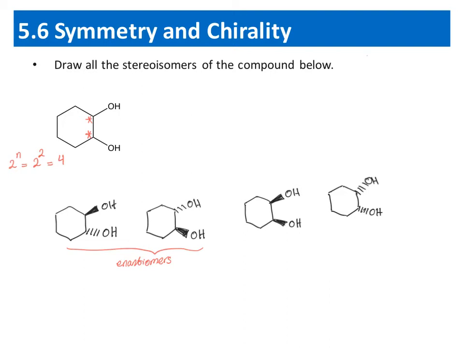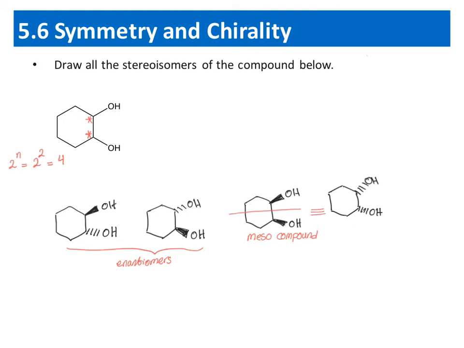However, if you look at this molecule, one half of the molecule is exactly similar to the other half, meaning that there is a plane of symmetry passing through this molecule. Therefore, this compound is a meso compound. And if you remember, we cannot draw a mirror image for a meso compound. These two molecules are identical.